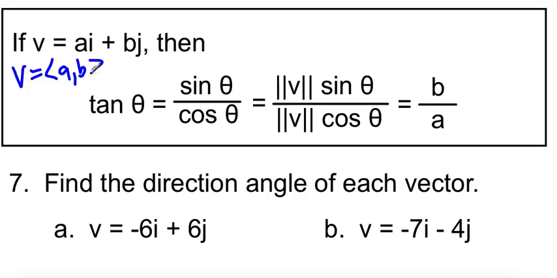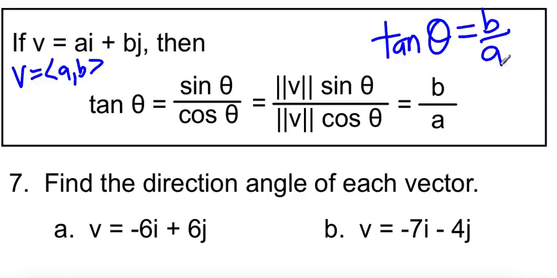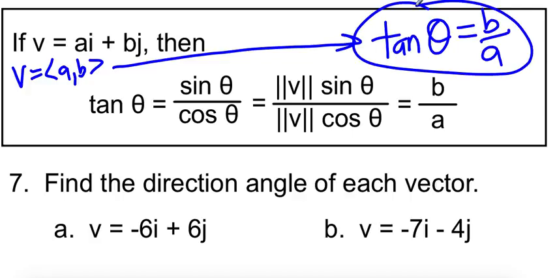I know that's a little bit confusing. When we draw a picture, it'll be a lot better. But what I want you to remember is that the tangent of your directional angle is b over a. So if you have a vector <a, b>, the tangent of the directional angle is b over a. It's going to become super powerful. This is a super important thing to remember.